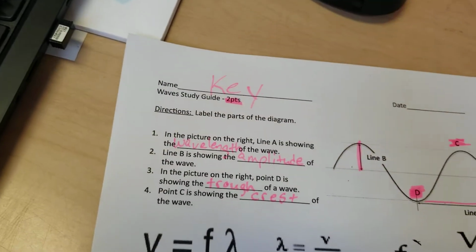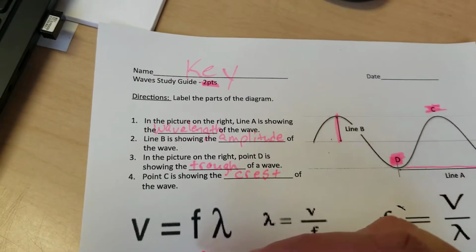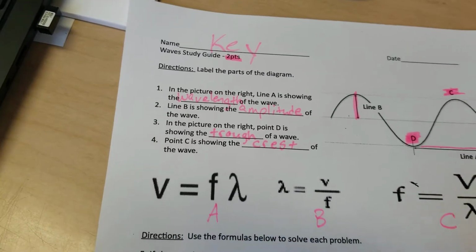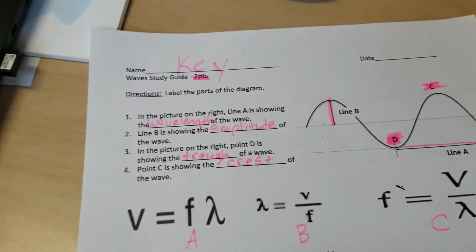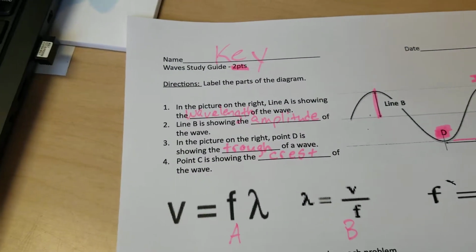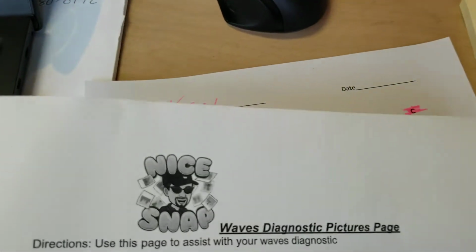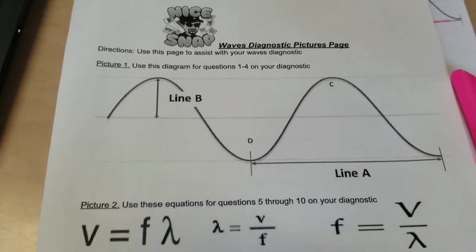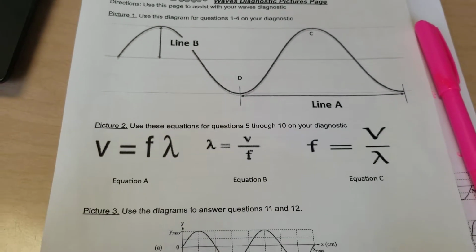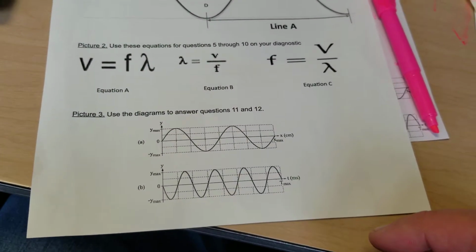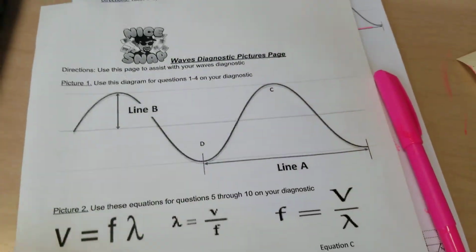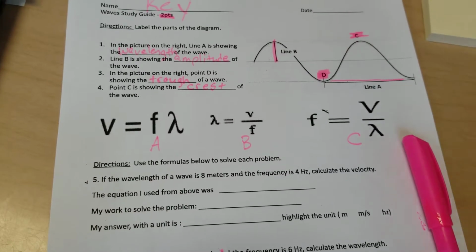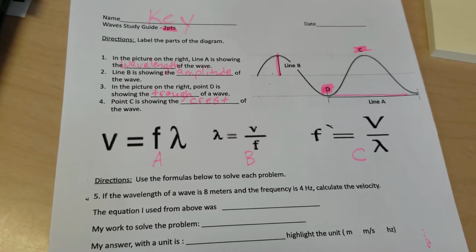Okay, I'm going to go ahead and call these A, B, and C for the equations that corresponds to what you see on the Waves Snaps page. It says diagnostic, but we're going to use the same one for those of you who do the quiz on Google Form. Those are the same diagrams that are on your quiz, so it's not really any secrets showing you that.